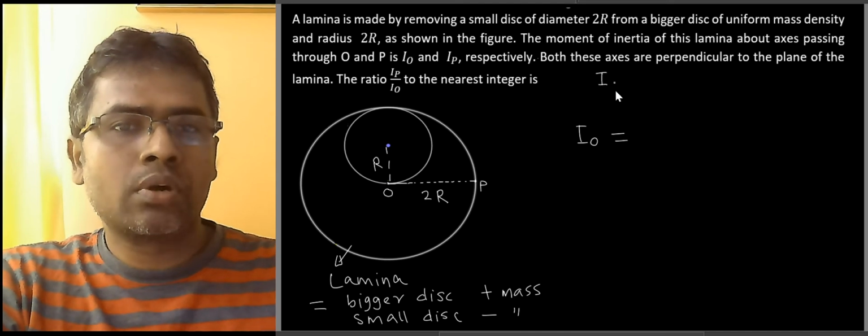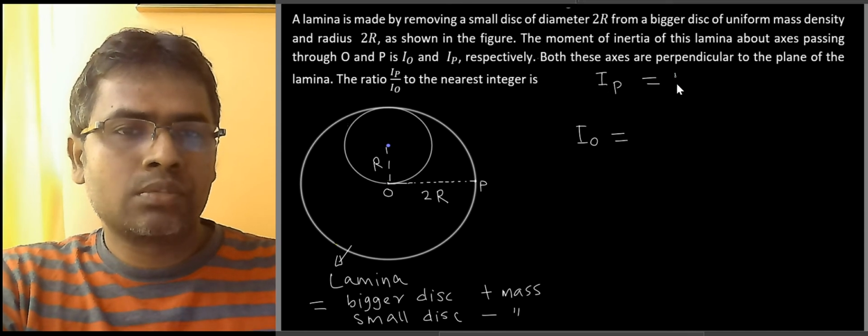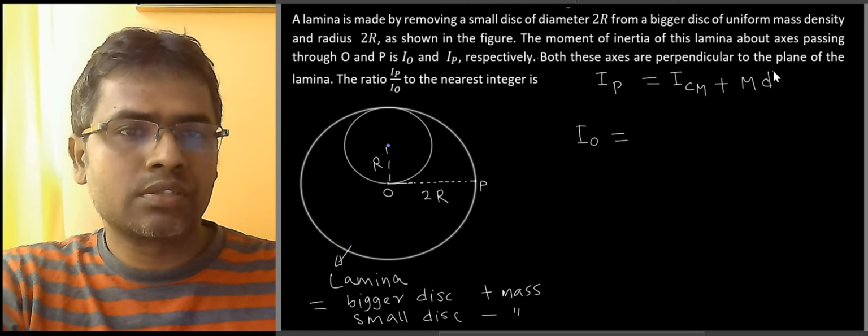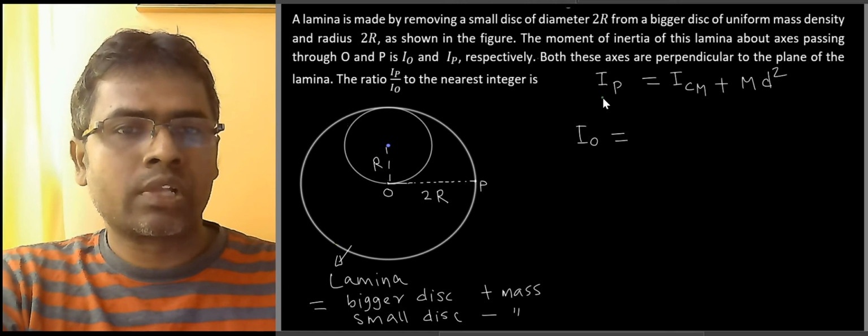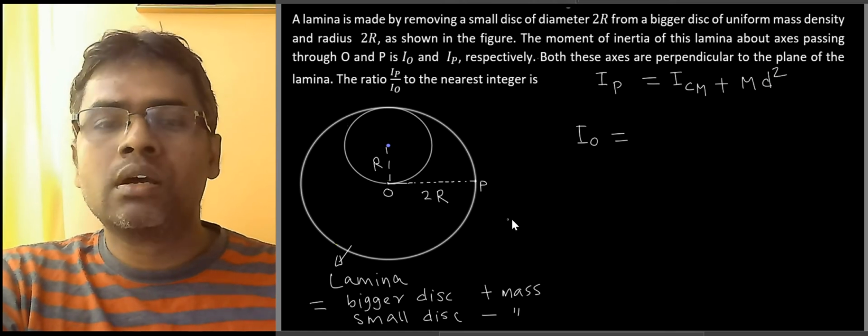The moment of inertia about any axis is equal to the moment of inertia about an axis passing through the center of mass plus mass multiplied by the square of the distance between these two axes. These axes are parallel to one another.